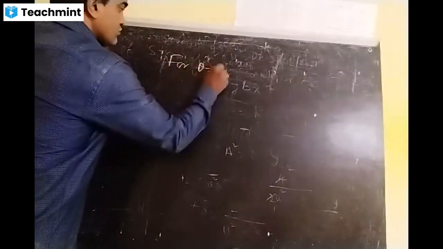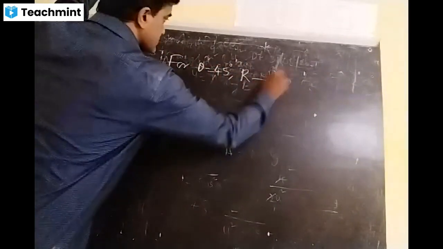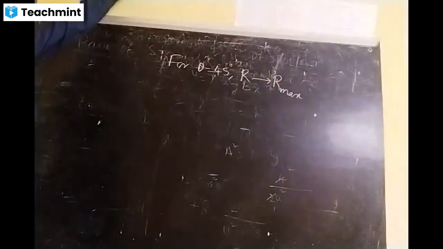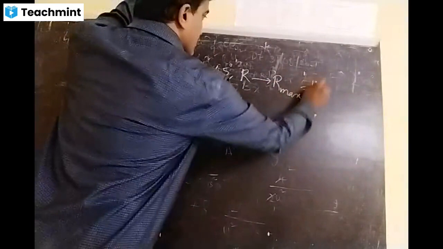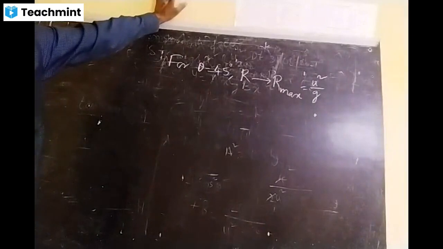For theta equal to 45 degrees, range becomes maximum range. What is its value? U square by G. Remember this.